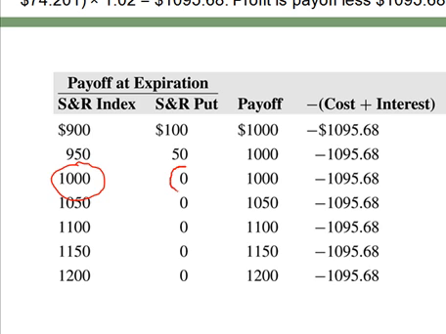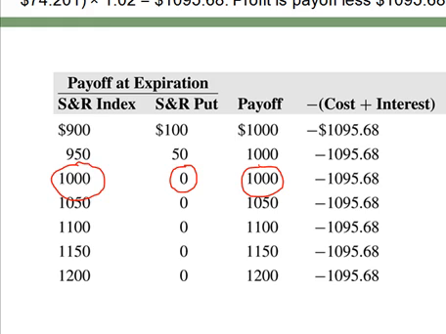Of course, since the final value of the index is exactly equal to the strike price of the put option, it's at the money, but it's not in the money, so it still doesn't really pay off anything. The total payoff then is $1,000.